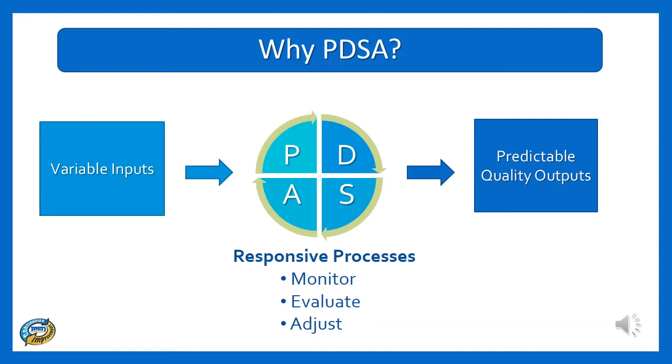Therefore, if we want to have predictable quality outputs to the system, we must put responsive processes in place. To respond, we must monitor what we're doing, evaluate the effectiveness of our actions, and make adjustments when they're not as effective as we need them to be. PDSA is a process designed to improve our processes.